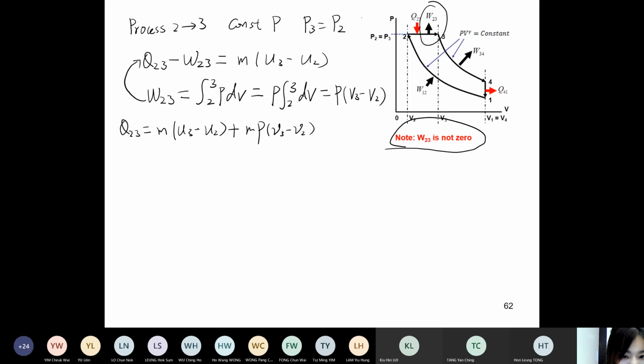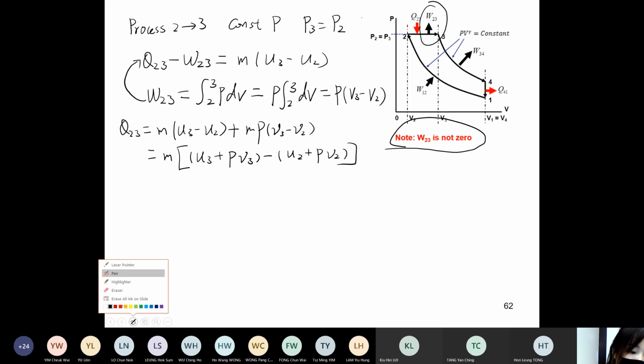Let's rearrange it. What's this? Anyone know?